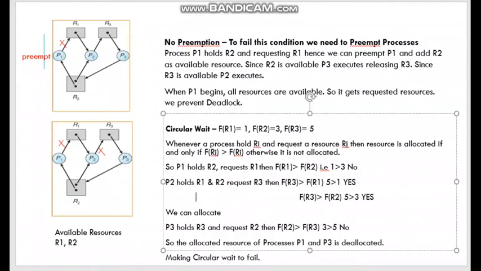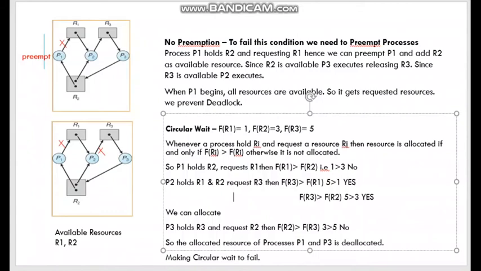Process 2 holds R1 and R2 and requests R3. So f of R3 is greater than f of R1: 5 is greater than 1, yes. And 5 is greater than 3, yes. So you can grant these resources to process 2 whenever they become available.